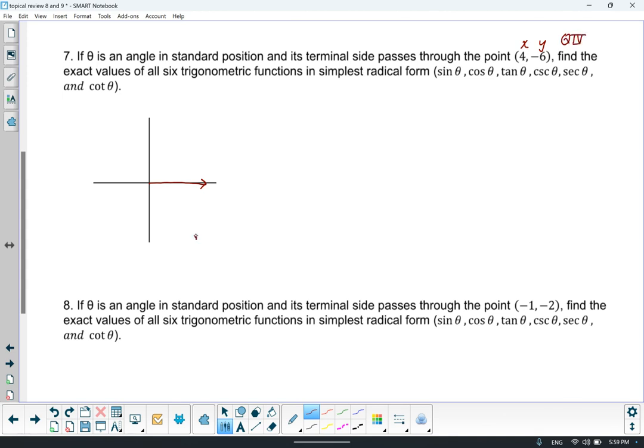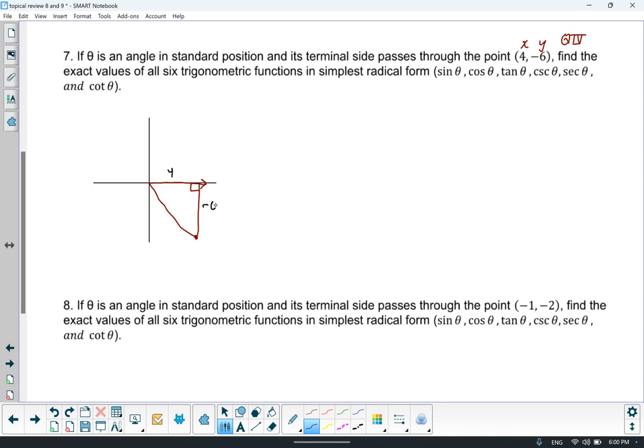So I'm going to draw that point, and from the origin to that point, I'm going to make a ray or a radius, and from that point to the x-axis, I'm going to make a perpendicular line and form a right angle.